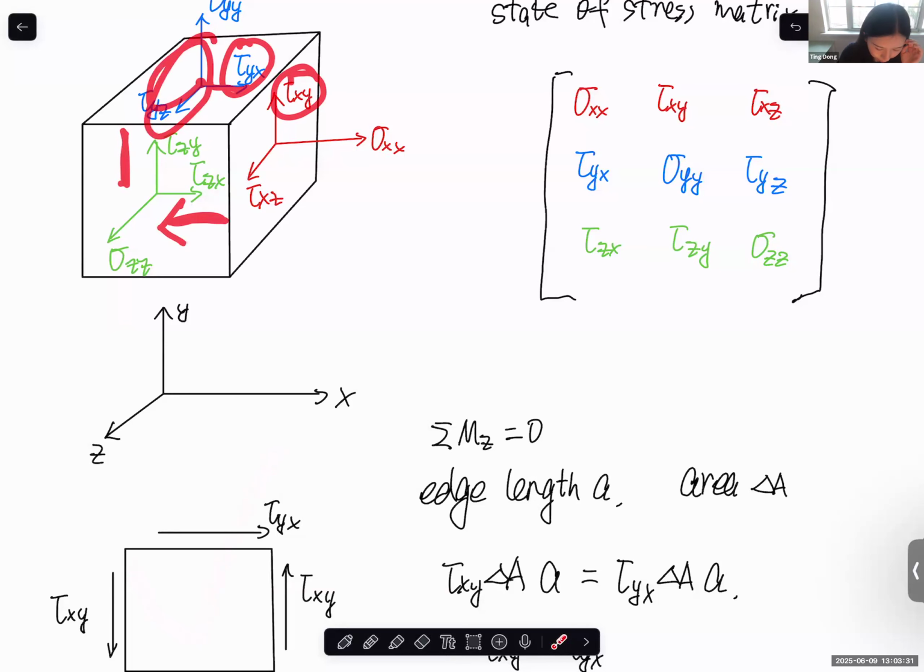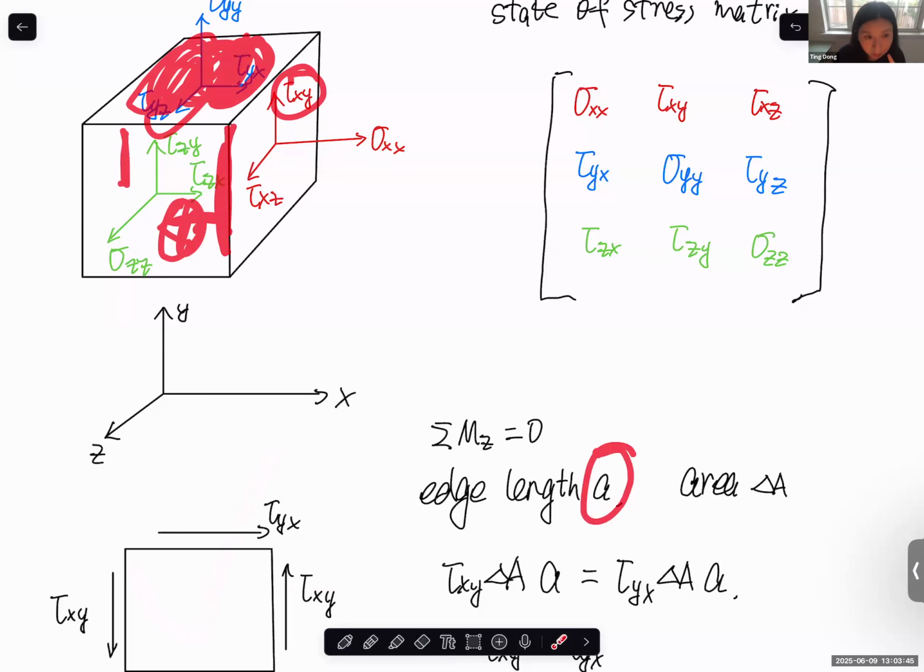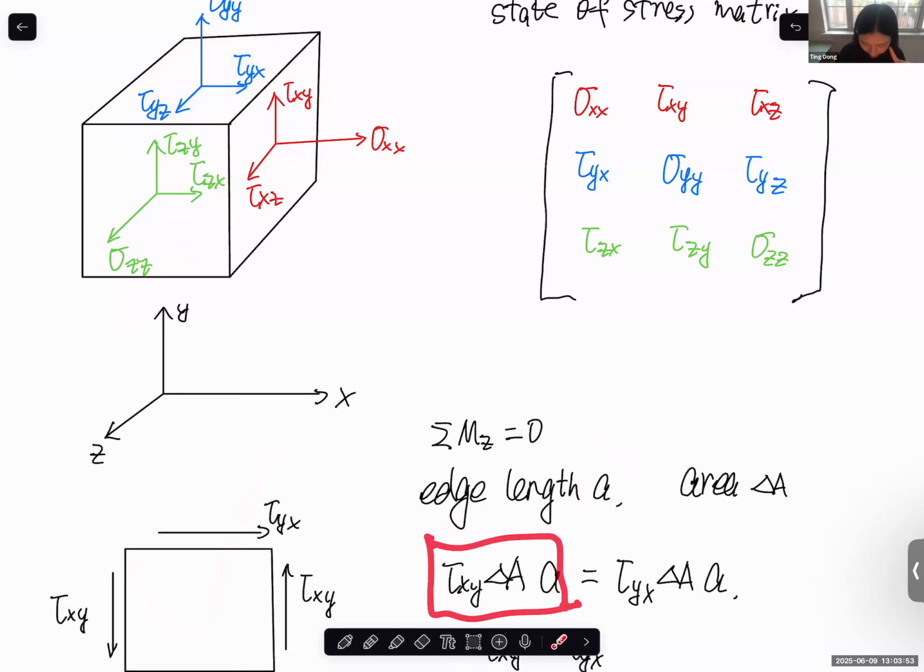We assume that the area here is delta A. The shear stress times the area delta A becomes the shear force on this area, and the same thing at the bottom. The distance in between is a. So tau xy delta A times a equals the moment generated by shear stress tau xy on this surface and this surface, and the distance between them. Make sense or not?